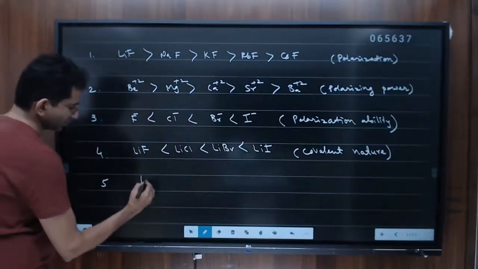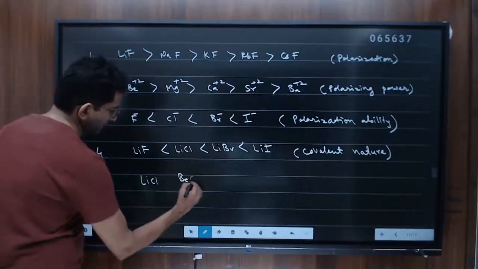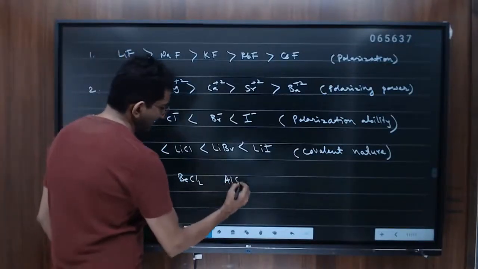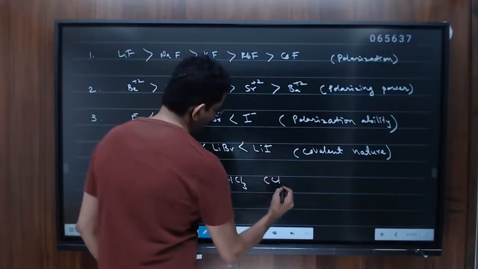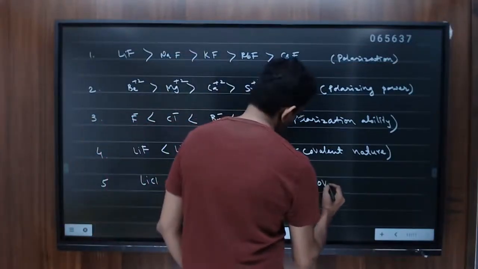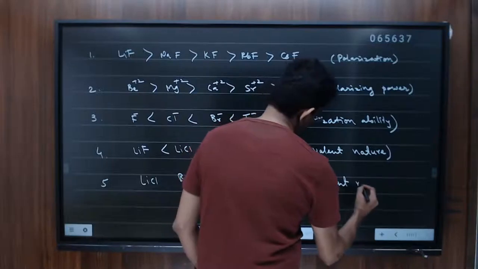Now let me ask you this question, LiCl, BeCl2, AlCl3 and one more carbon tetrachloride. Now in this you tell me what is the covalent nature.